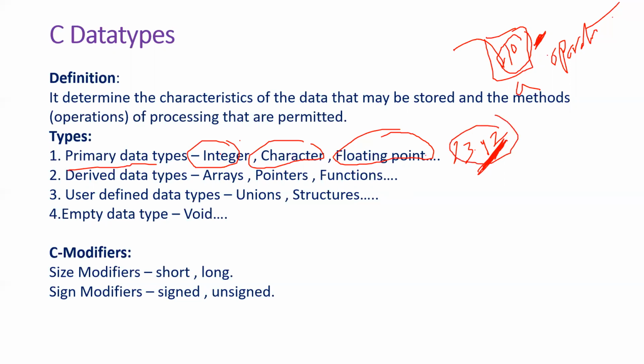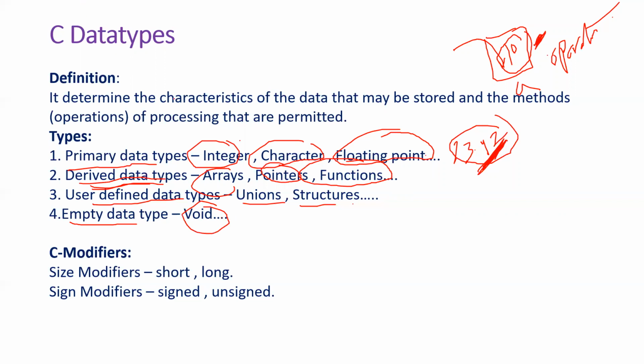The derived data types are the data types which are derived from the primary ones: arrays, pointers and functions. As we progress in our sessions, we will see all these data types. User defined data types are unions and structures. And the empty data type is the void data type, meaning nothing.